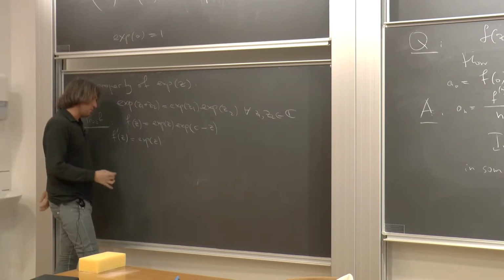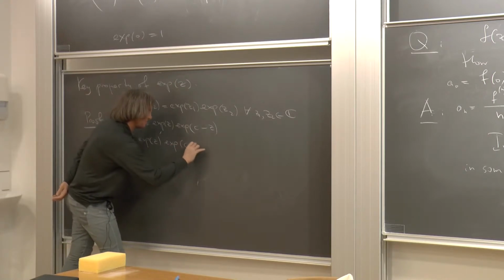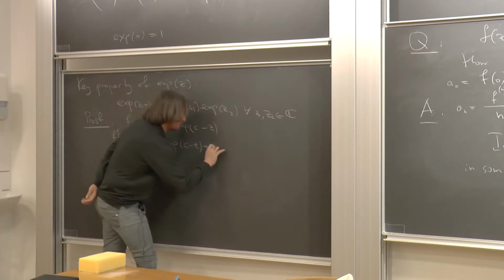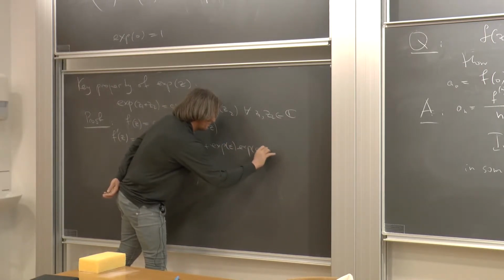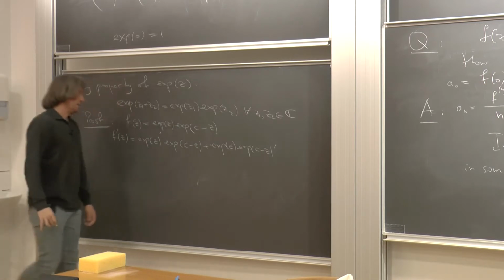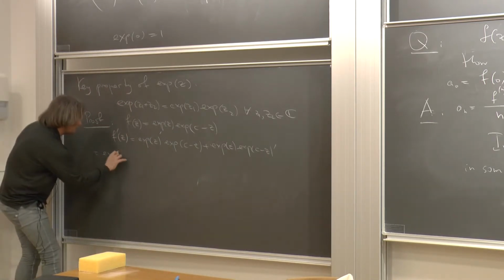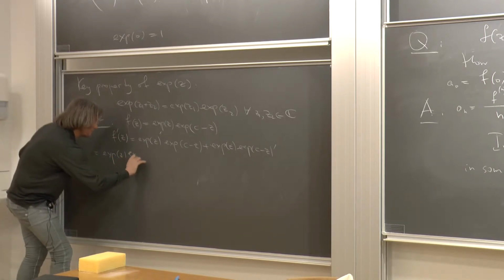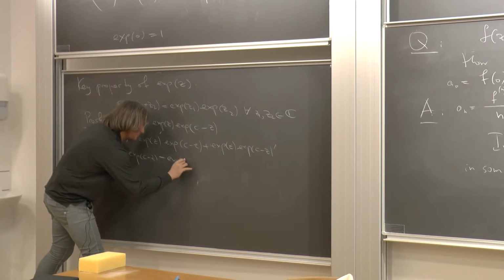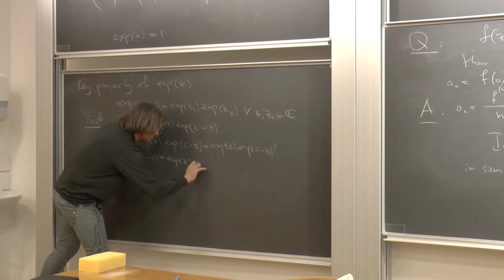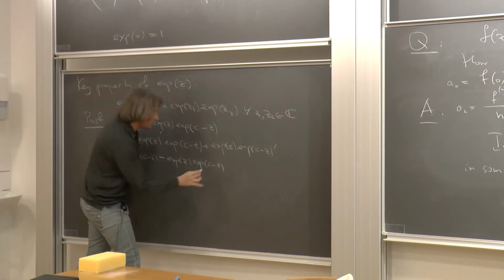We do it by the Leibniz rule, and then using the chain rule, it's 0.